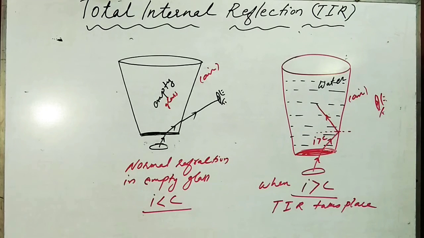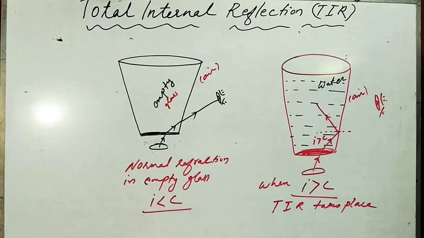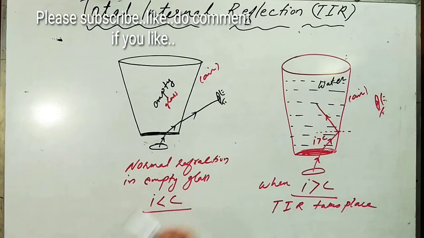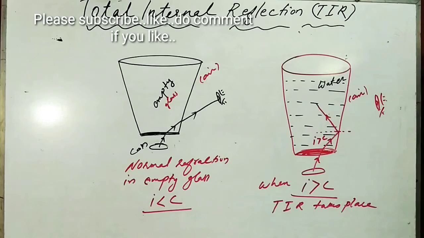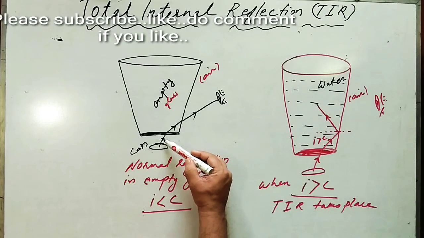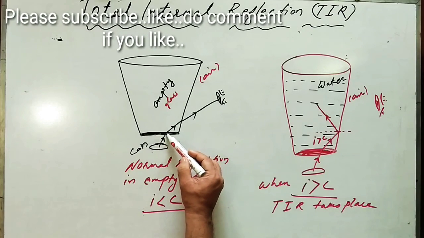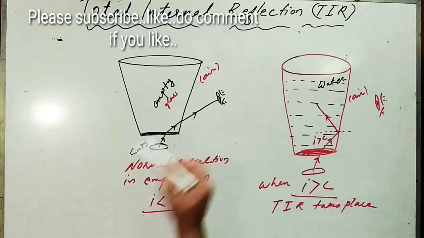In the simple demonstration, we have seen an empty glass with a coin placed at the bottom of the glass, and when the glass was empty, you could see the coin very easily, right? So in this case, normal refraction in the empty glass is taking place. The coin is placed at the bottom of the glass, and the ray of light is traveling from rarer medium to denser medium, and again it is emerging from glass to rarer medium.